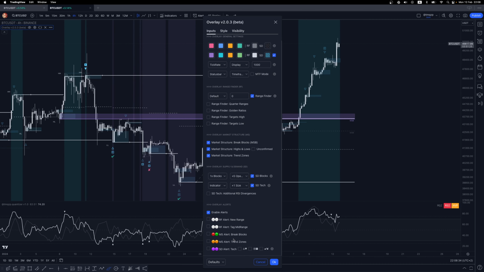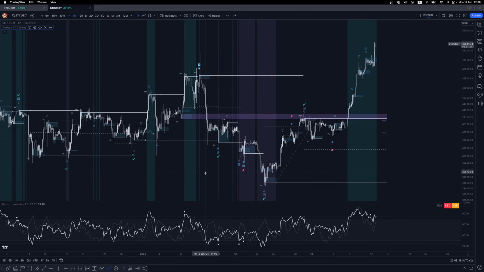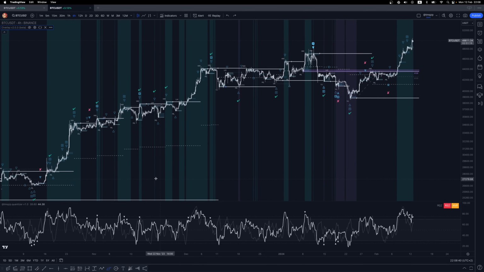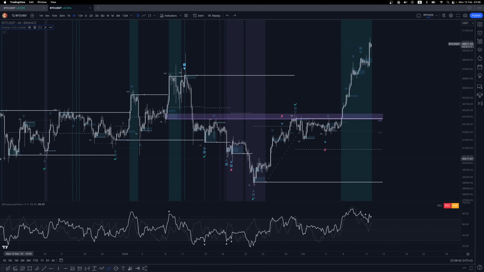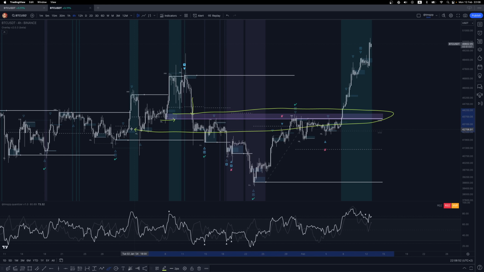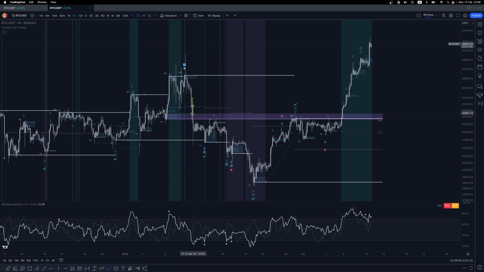So that's that. Market structure break blocks. These are these blocks, the purple one, and there should be another one down here somewhere. It's probably not triggering now because it's too far in the past. But basically when this candle here breaks this low and this big box appears, that's when you get the alert for the market structure break.